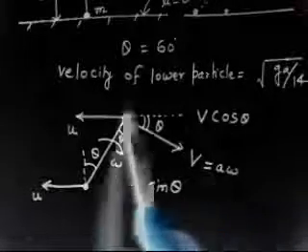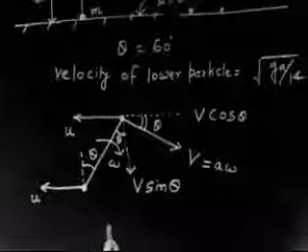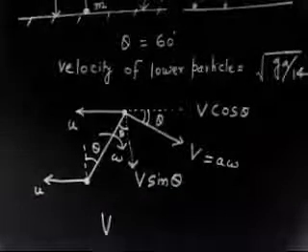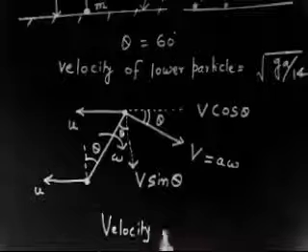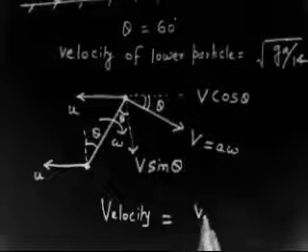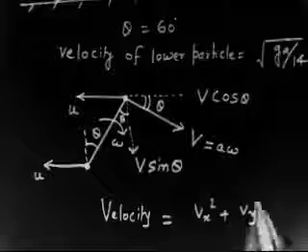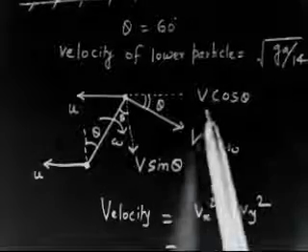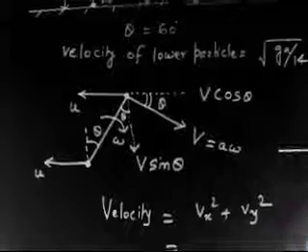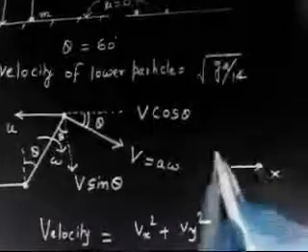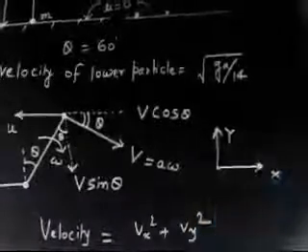So the total velocity of the upper mass is given by vx square plus vy whole square. Let us say this is my positive x-axis and this is my positive y-axis. Are you getting?